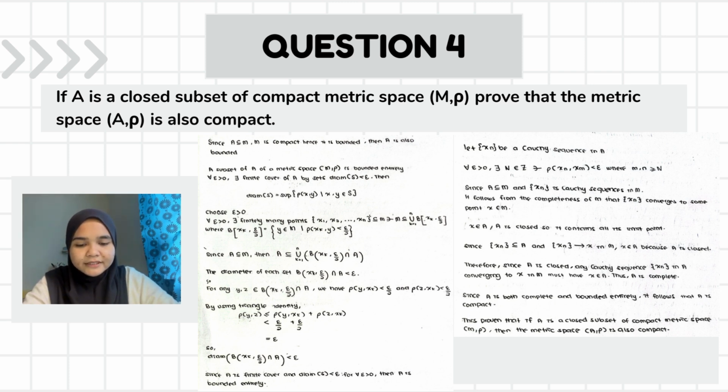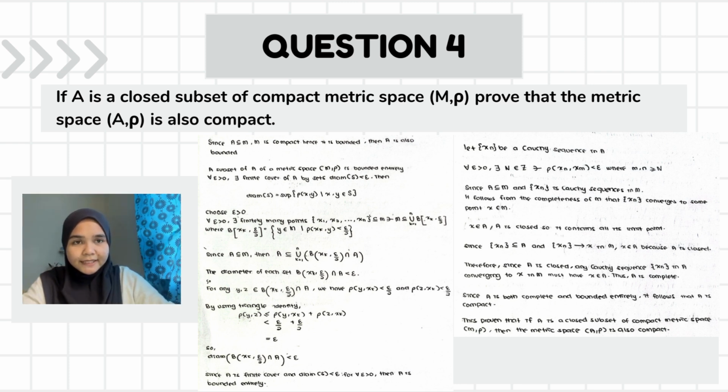So by using the triangle inequality, rho(y, z) is less than or equal to rho(y, xk) plus rho(z, xk). So we calculate them: less than epsilon over 2 plus epsilon over 2, and then we get epsilon. So the diameter of B(xk, epsilon/2) intersect A is less than epsilon.